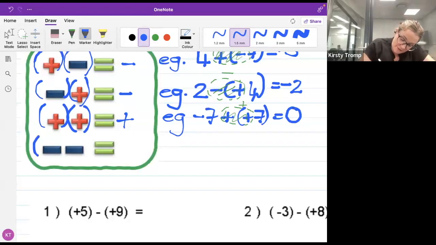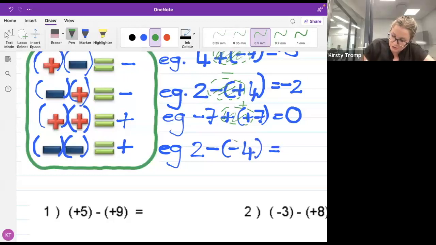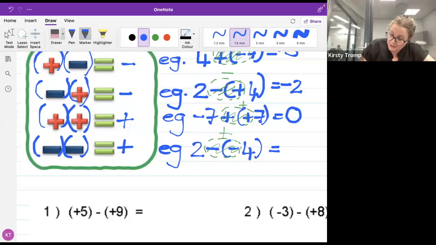And finally, if I have 2 negatives next to each other, when the signs are the same and they're next to each other, fantastic, everybody, I've got a positive. So for example, 2 minus -4 equals, I'm going to put a circle around those 2. I'm going to cross them out, and it's going to give me a positive sign. And 2 plus 4 is going to give me 6.